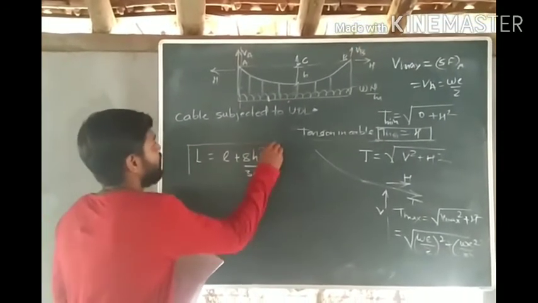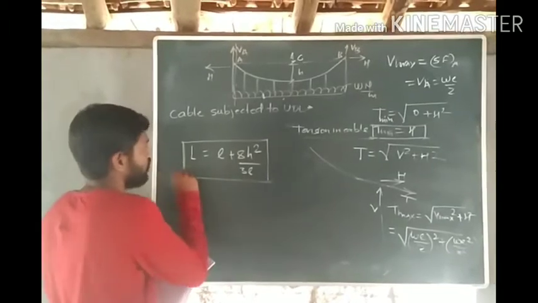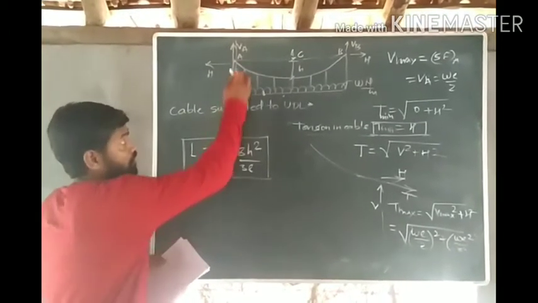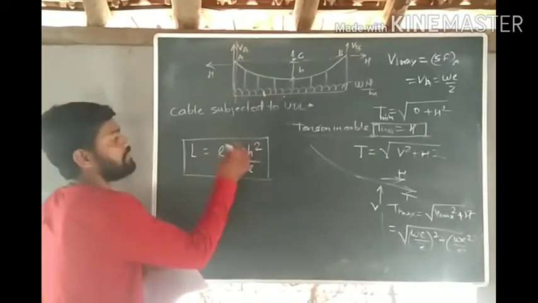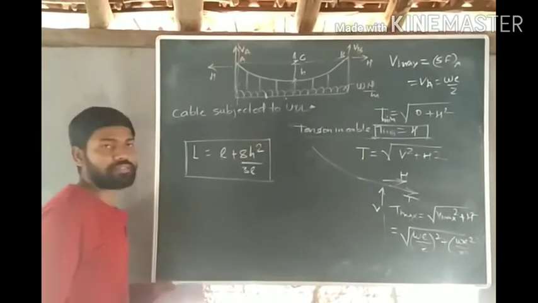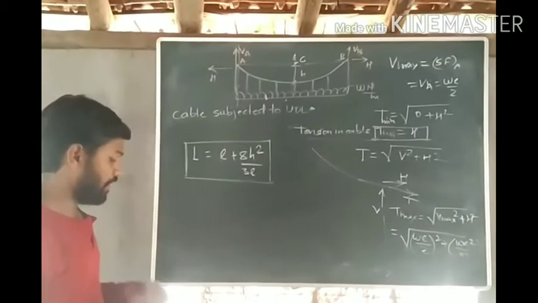So this is how we can calculate the total length of the cable, length of the curve, where L is the span, distance between A to B, h is the central dip. So L plus 8h square divided by L.